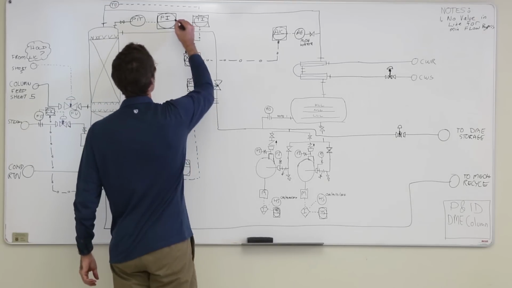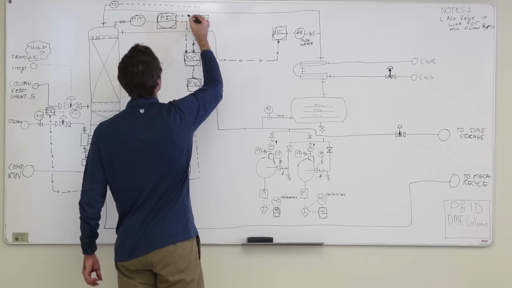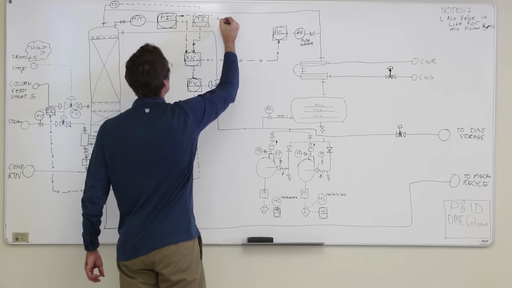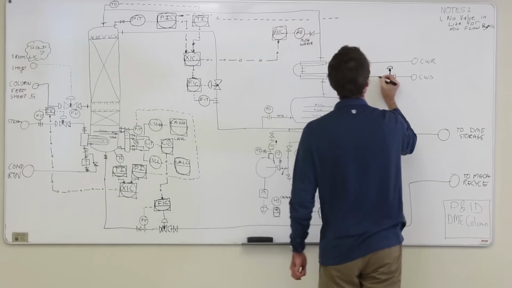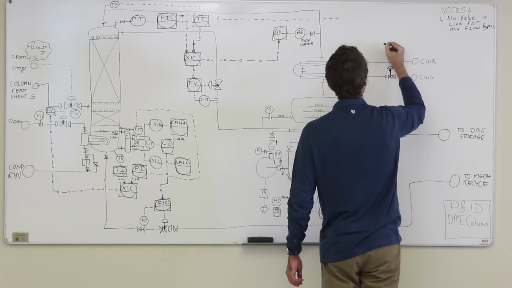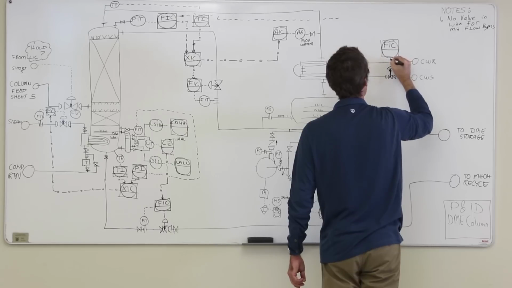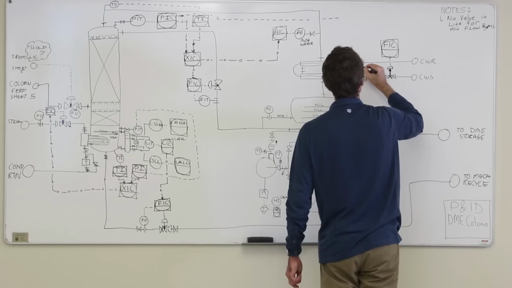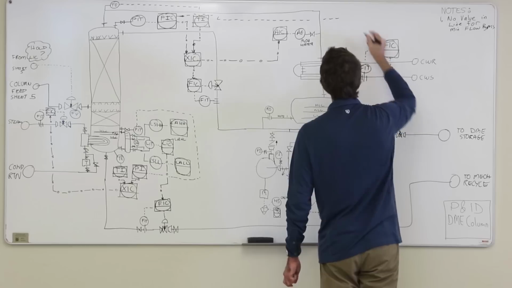So I might actually turn this into a pressure controller, in which case I can go all the way over here and cascade it into a flow control on the cooling water. So this is one way to do it, and not necessarily the recommended way, according to what I've been reading today or yesterday. It might be all right on this small system.